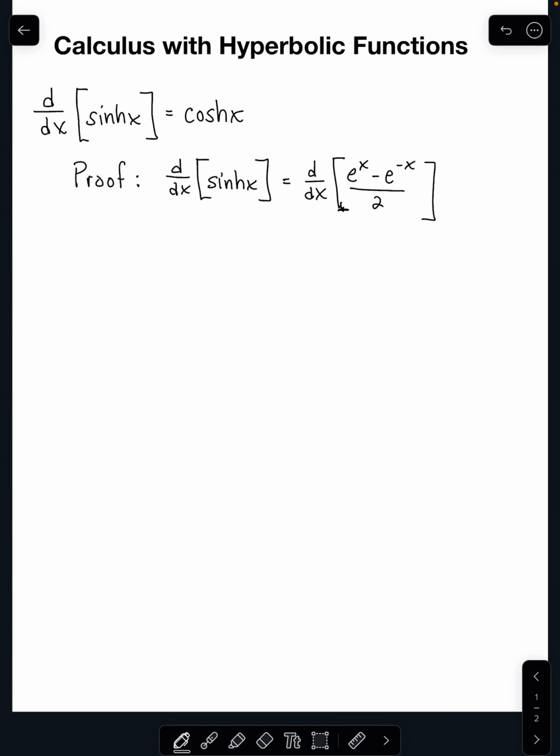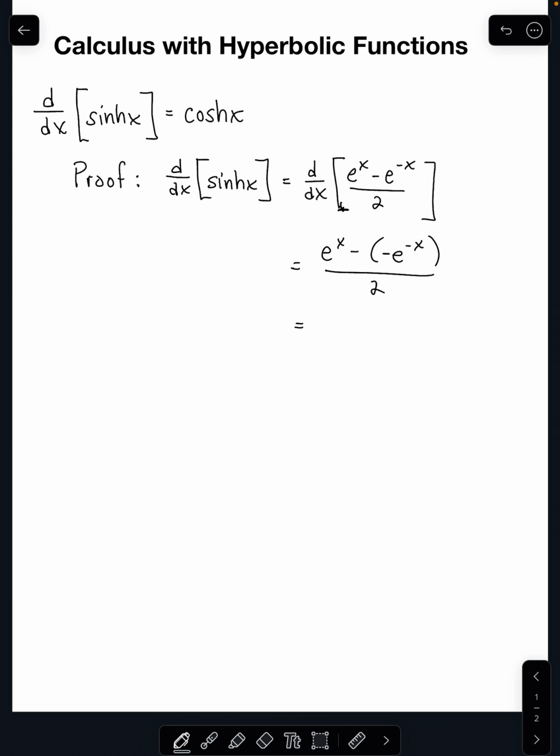The denominator represents a multiplication by 1/2, which thus carries through to the derivative. The numerator then can be differentiated term by term, where the derivative of e to the x is e to the x, minus the derivative of e to the negative x, which would be e to the negative x times the derivative of the exponent, which is -1.